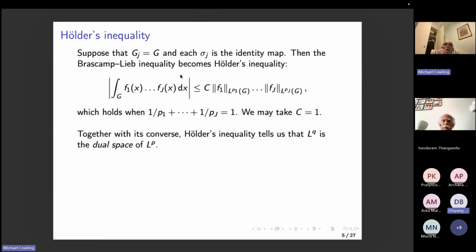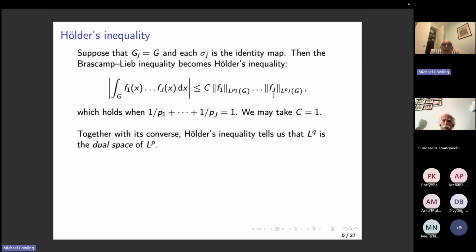Now, let's just have some examples. So first of all, if all the Gj's are the same as G, and each sigma j is the identity map, or actually each sigma j could just be an isomorphism, it really wouldn't matter very much, then the Brascamp-Lieb inequality becomes the fact, and now I put the modulus outside, we can do that without any loss of generality, that the modulus of the integral is less than or equal to the product of the L^p norms.